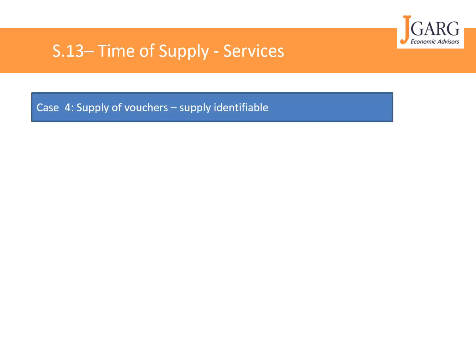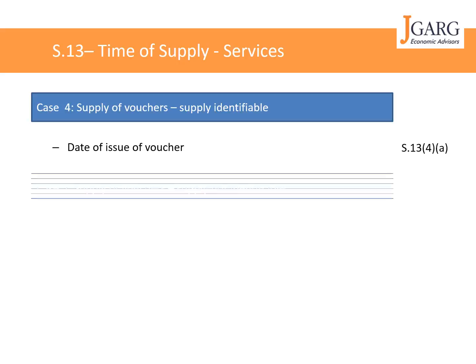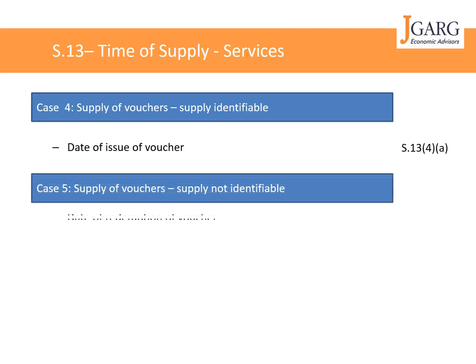Case of supply of vouchers. When supply is identifiable, the time of supply is the date of issue of voucher. When supply is not identifiable, it is the date of redemption of voucher. So when you are issuing a voucher and you are sure that this voucher is going to be used only for a haircut, then the time of supply will be the date of issue of voucher.